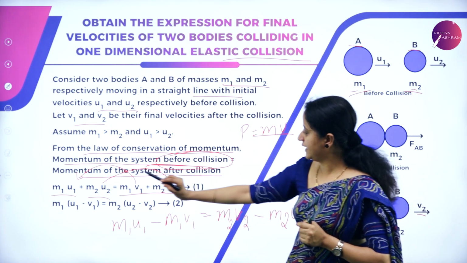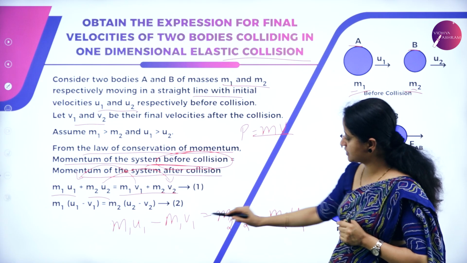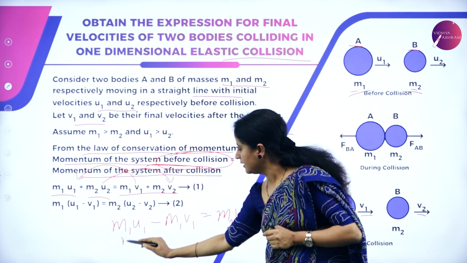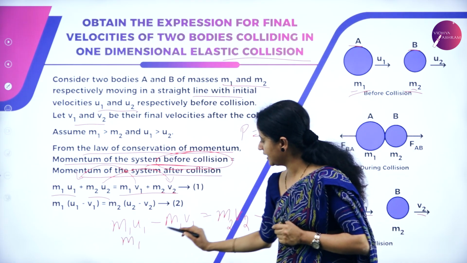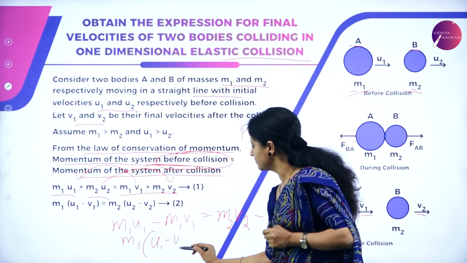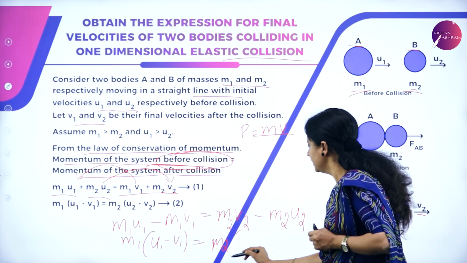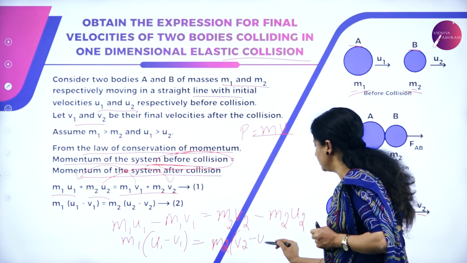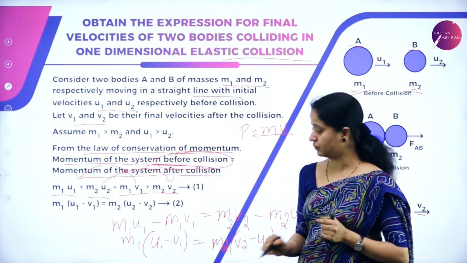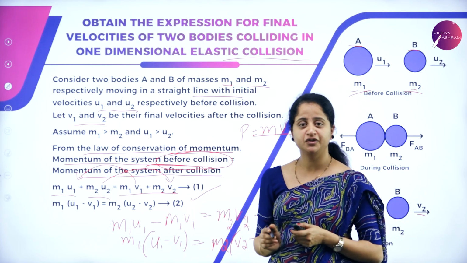Here, taking m1 common on the LHS, I remain with u1 minus v1, which is equal to, taking m2 common, v2 minus u2. So, that is our equation 2.